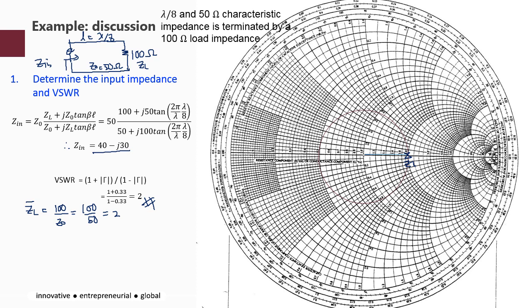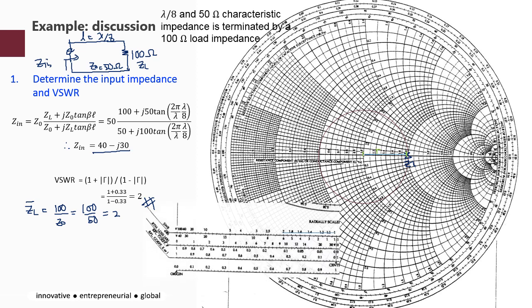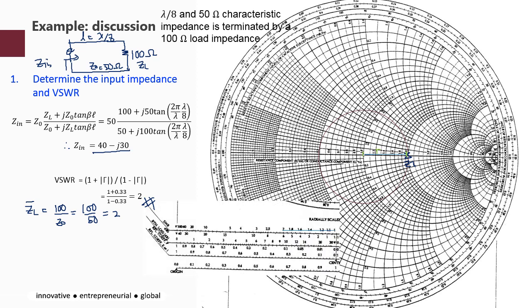Then measure or read the SWR value. If the value is not clear, you can use the same radius and use the scale underneath the Smith chart. Bring down the same radius to the SWR scale, so it is equal to 2, the same reading as on top.